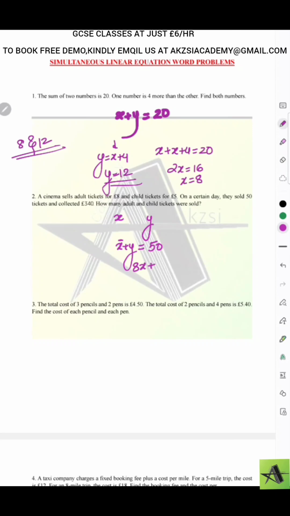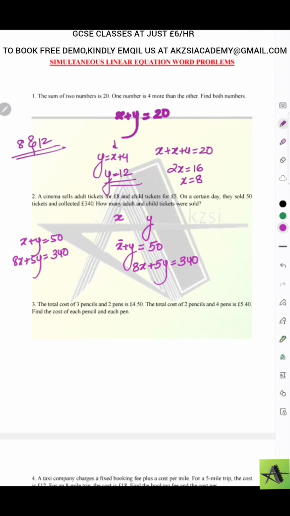And similarly, because each child ticket is for £5 and there were a total of y child tickets sold, the revenue generated would be 5y, and that equals 340. Now we just have to use the elimination method. So I'm just writing it, x plus y is equal to 50 and 8x plus 5y is equal to 340.